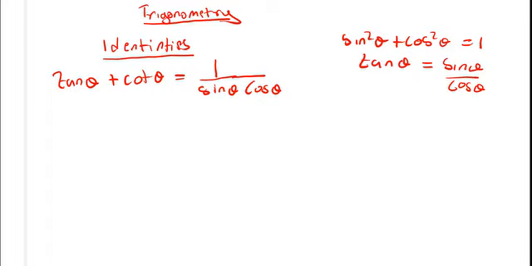You should also be conversant with cot theta being equal to cos theta over sine theta, because cot is the inverse of tan theta. These are the trig identities that we are going to use in order to prove this identity properly.